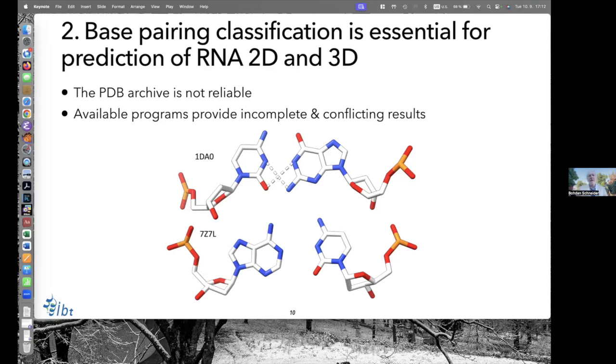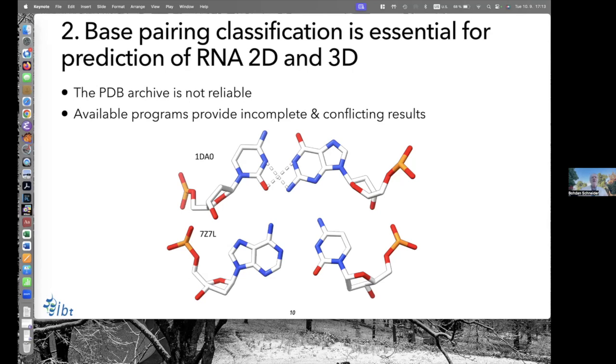If they are correctly assigned and can be analyzed from the evolutionary point of view, you can use these critical non-canonical base pairs, say GA or GU, to see evolutionary preservation.